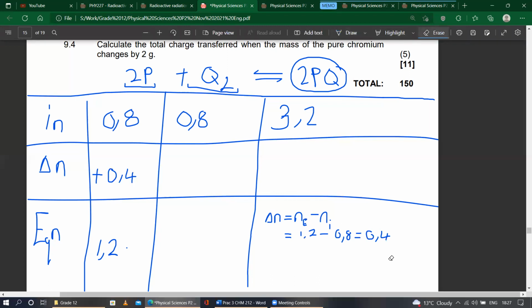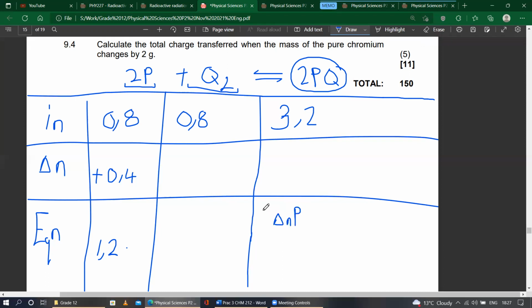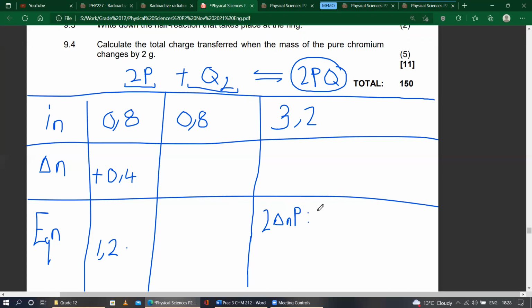Where's that? So when we get to here, that's where we can use that ratio. Where we're gonna see the change in number of moles of P is to 1 change in number of moles of Q. So yeah, I think I made a mistake there at first, but now this is the one that we're gonna use.